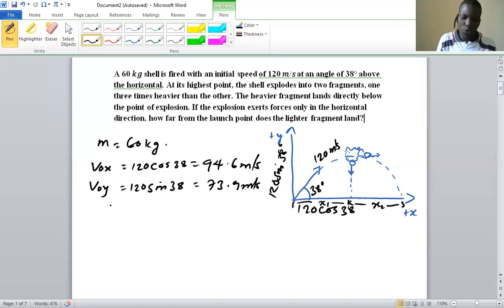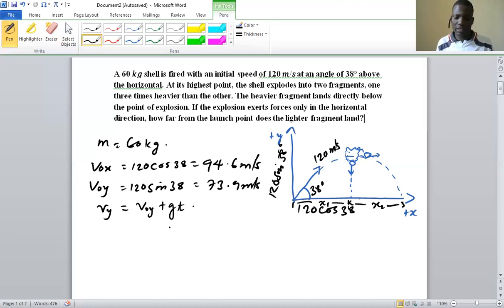We are going to use the equation of motion: final velocity in the vertical equals initial velocity plus gravitational acceleration times time. We've calculated the initial velocity in the y, and our g is 9.81.